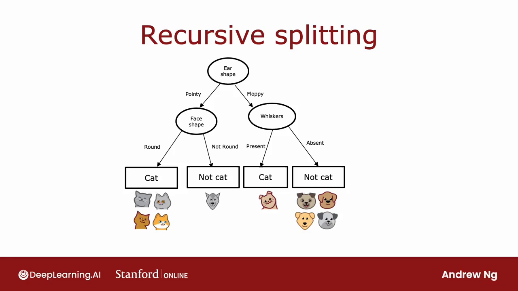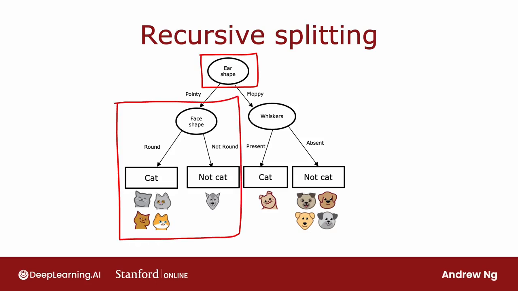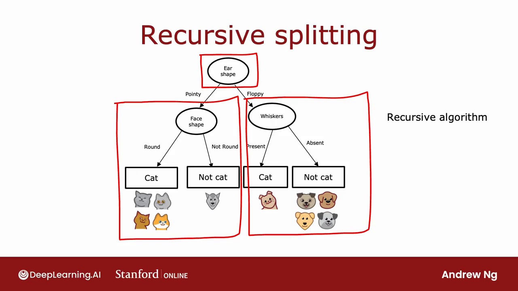Notice that there's an interesting aspect of what we've done, which is after we decided what to split on at the root node, the way we built the left subtree was by building a decision tree on a subset of 5 examples. And the way we built the right subtree was by, again, building a decision tree on a subset of 5 examples. In computer science, this is an example of a recursive algorithm.